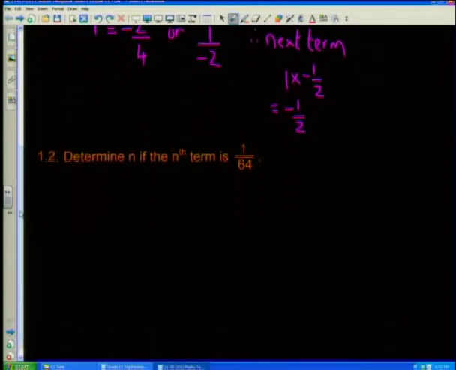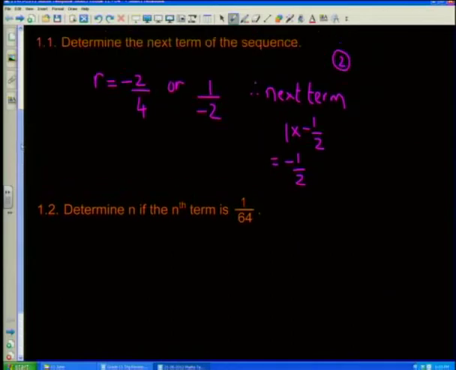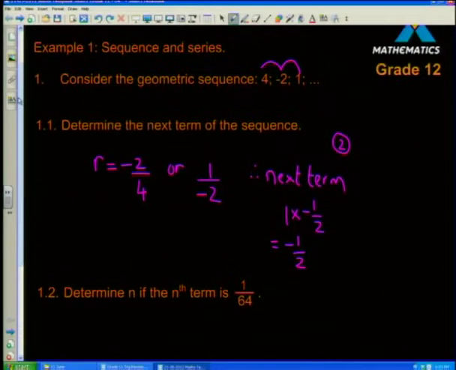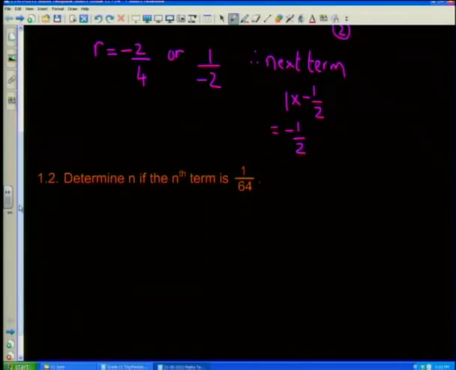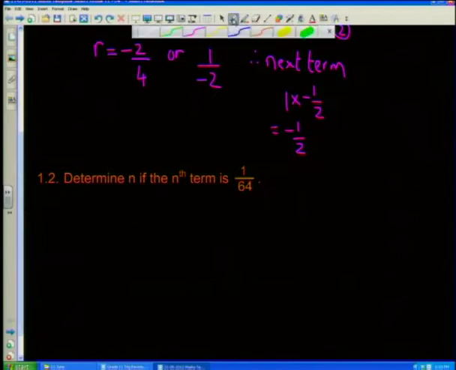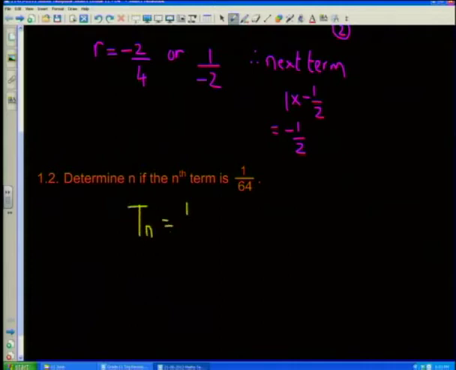The next question says: determine n if the nth term is 1/64. We've got this sequence, and somewhere down here is going to be 1/64, and we want to know where. So my term n is 1/64. My first term was 4, and my common ratio we have worked out is -1/2.